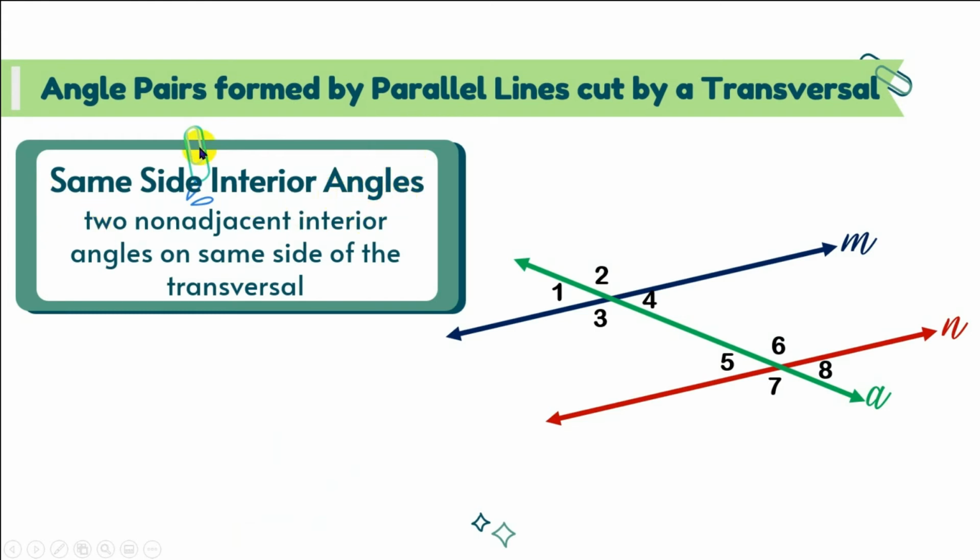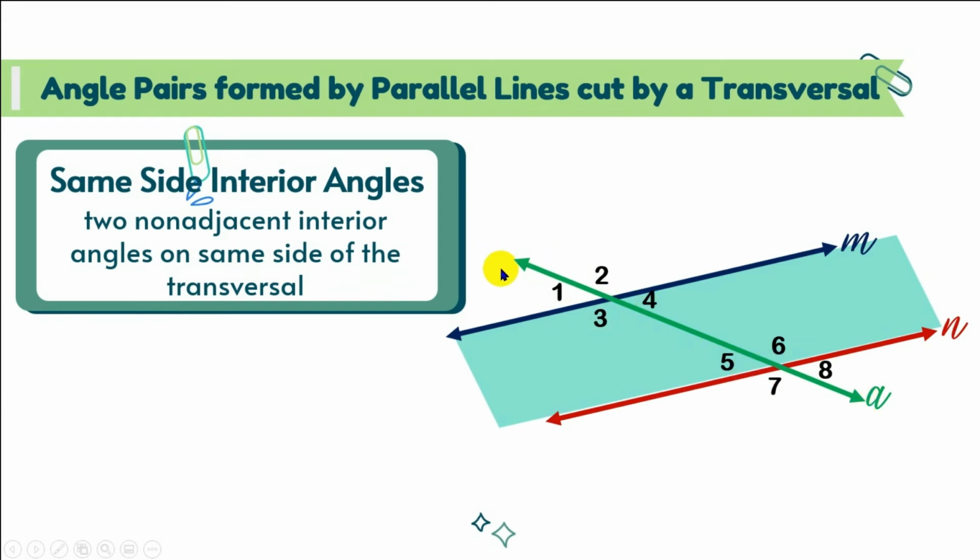Nasa pangalan na niya mismo ang gusto niyang sabihin. Same side interior. So, two non-adjacent interior angles on the same side of the transversal line. Again, we always need to check which one is the transversal line and then hanapin natin yung same side ngayon na interior angles. Alin ba ang interior angles natin? So, again, 3, 4, 5, 6.